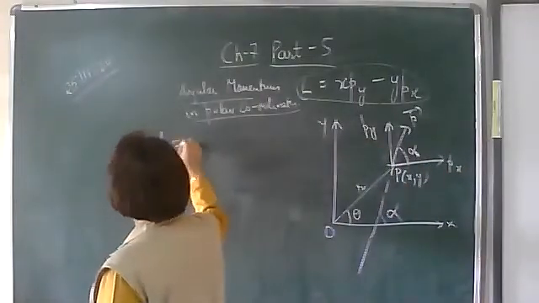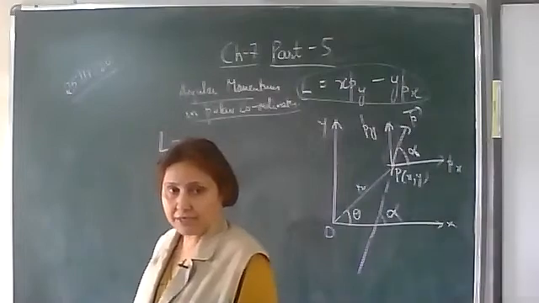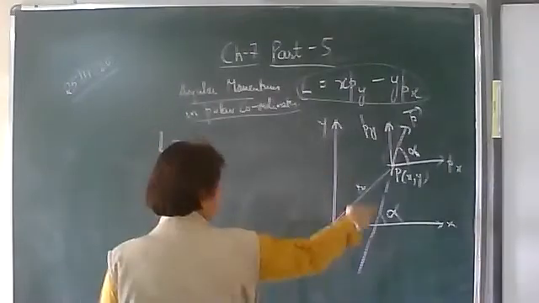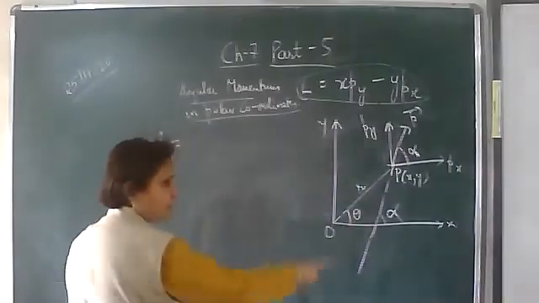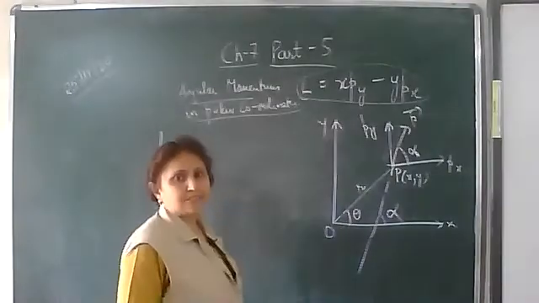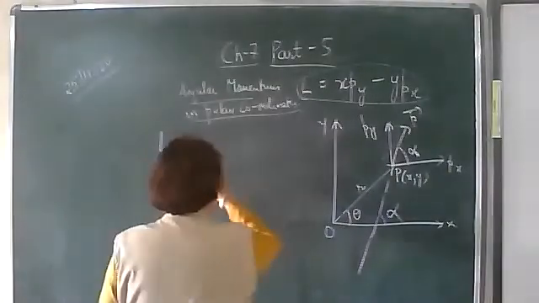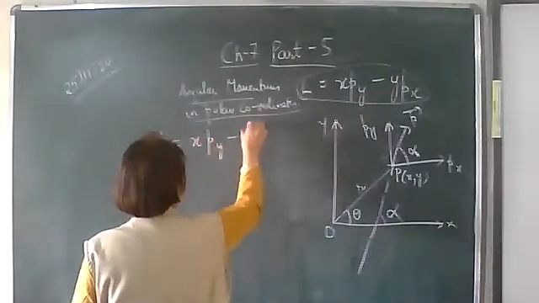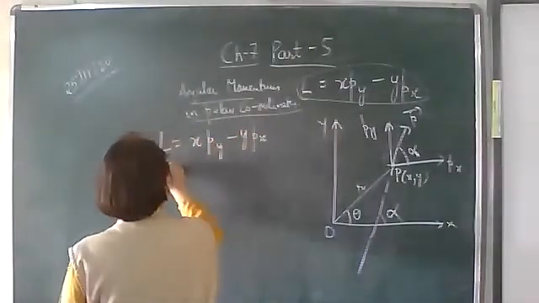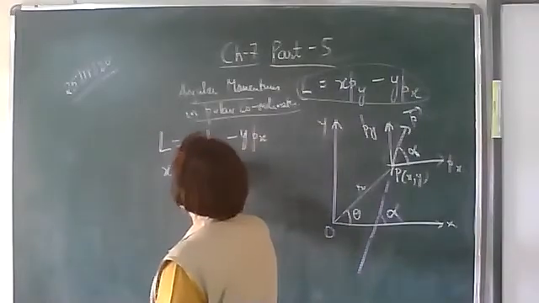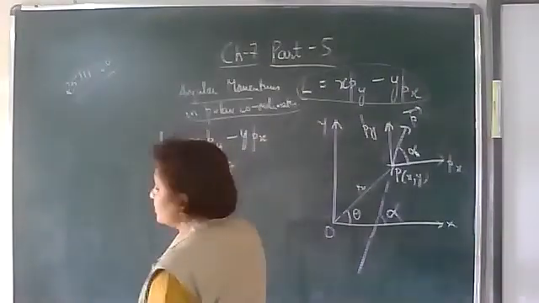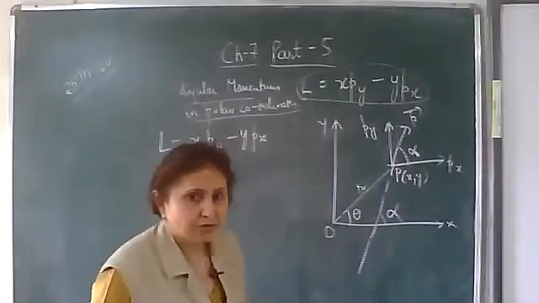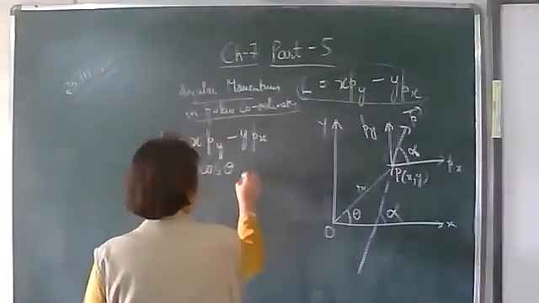So angular momentum in Cartesian coordinates when r and p are in the xy plane is x py minus y px. From the figure, x is equal to r cos theta and y is equal to r sin theta.